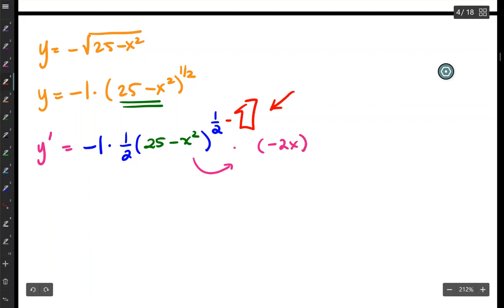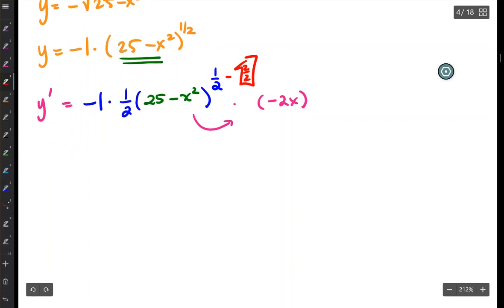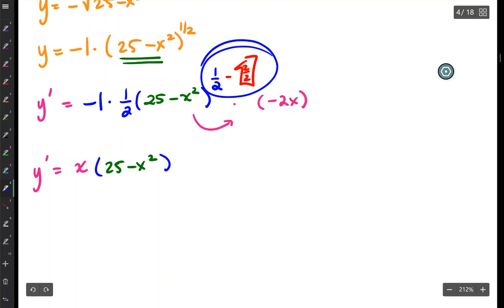What is 1? 1 is 2 over 2. To subtract fractions, I need a common denominator. Let's clean that up. It's all multiplication. We've got minus 1 times a half times minus 2. That's just 1. So y prime is x times 25 minus x squared to the minus 1/2 power.